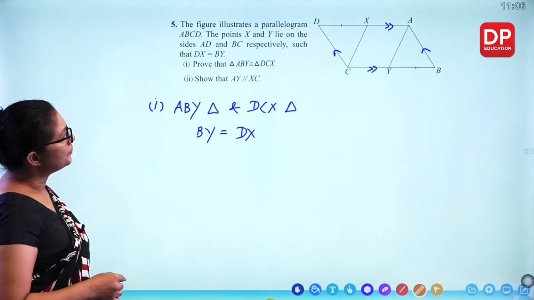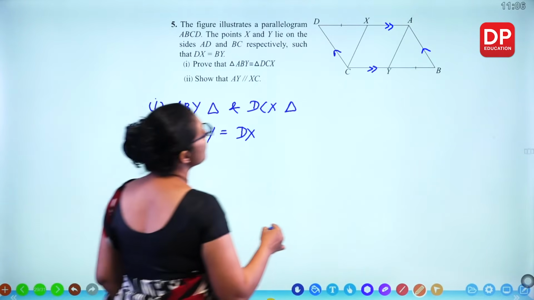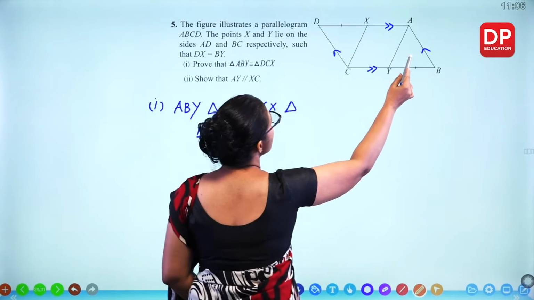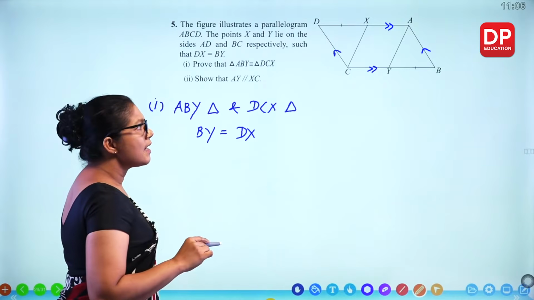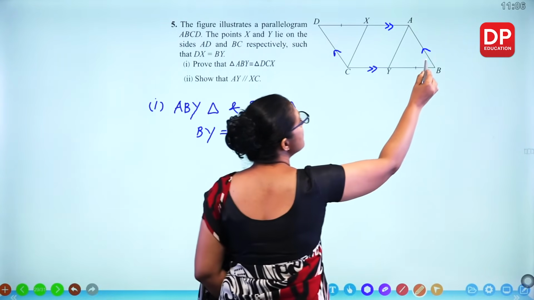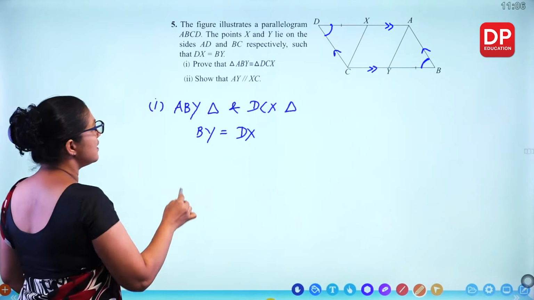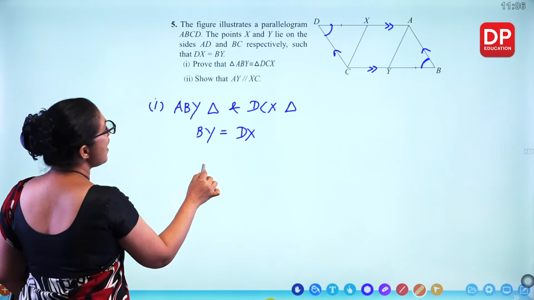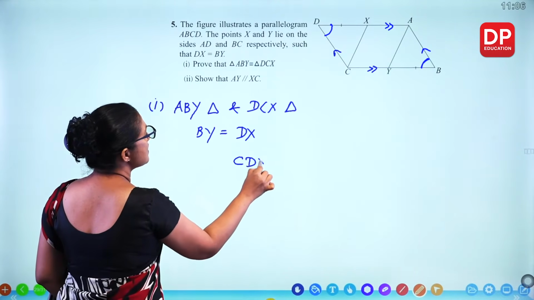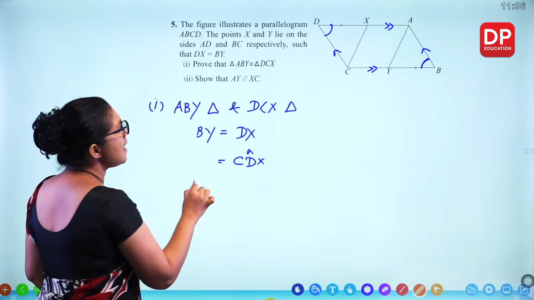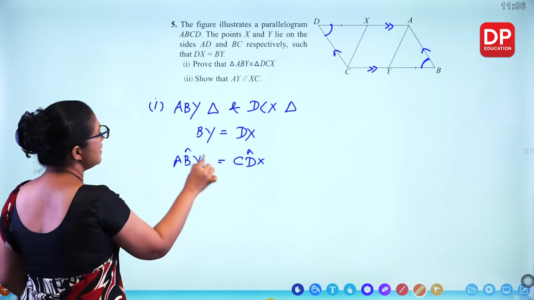And also we know that opposite angles are equal in a parallelogram. This angle is equal to this angle. So I can write CDX angle is equal to ABY angle.